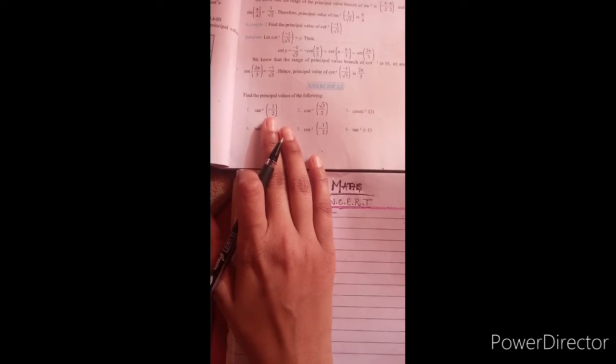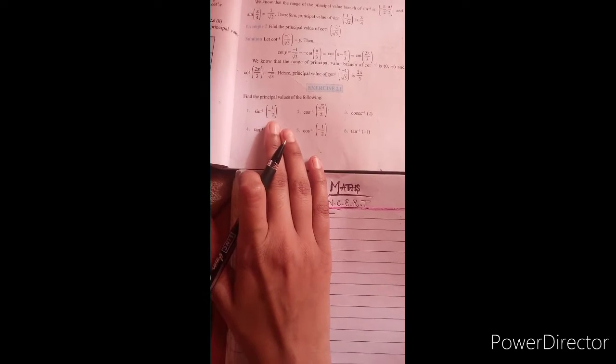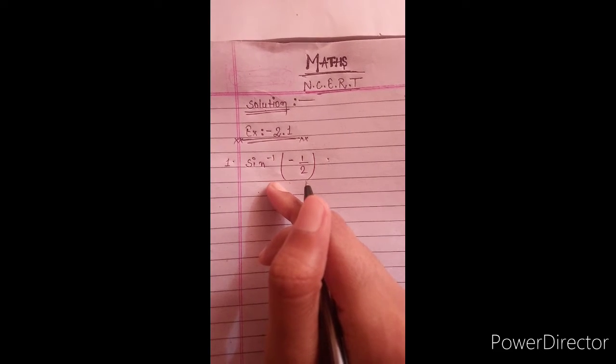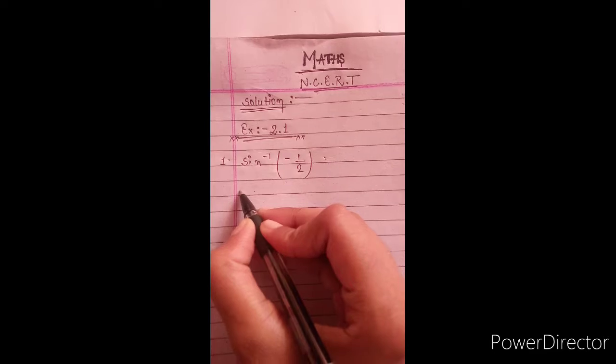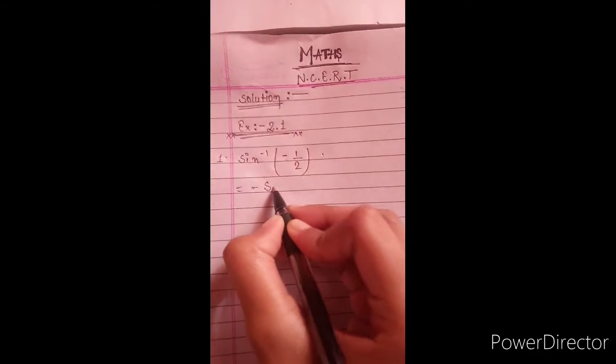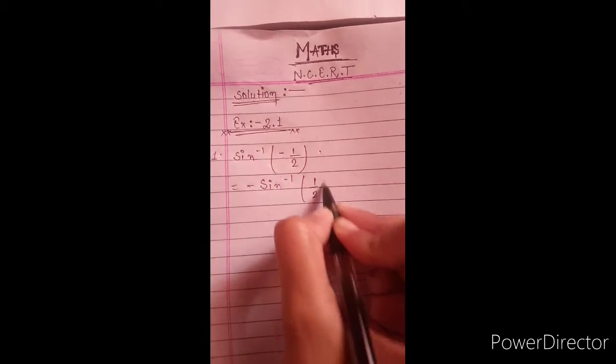So let's solve it. Question number 1 is sine inverse of minus 1 by 2. Let us take this minus in front of it: minus sine inverse 1 by 2.